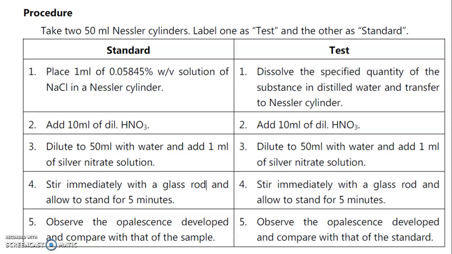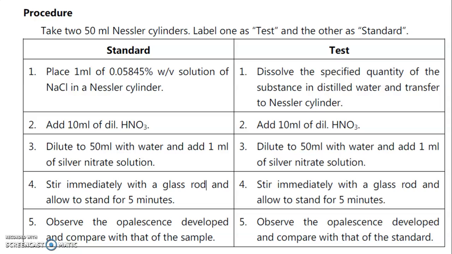If the test solution has opalescence less than the standard, we can say that the given test sample contains less chloride impurity and it will pass the limit test for chloride. Vice versa, if more opalescence is observed in the test solution than in the standard, that means it has more impurity than the specified standard amount.